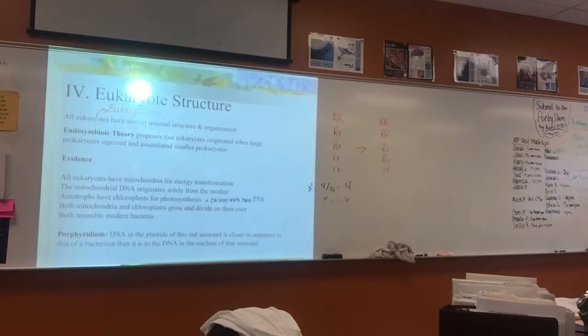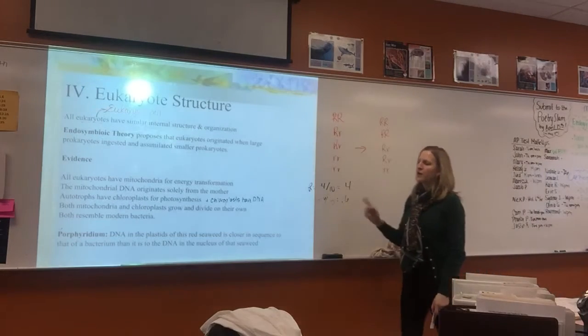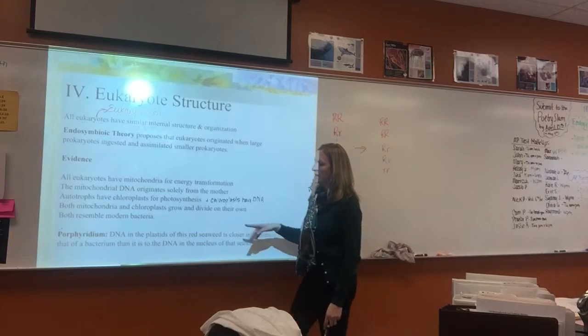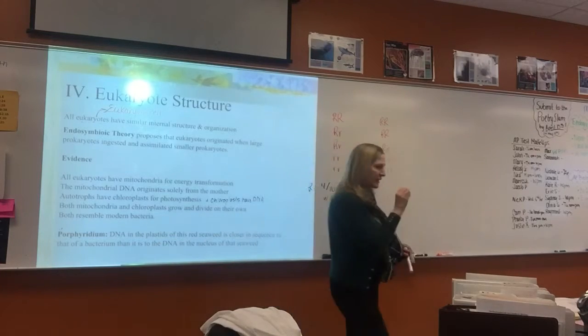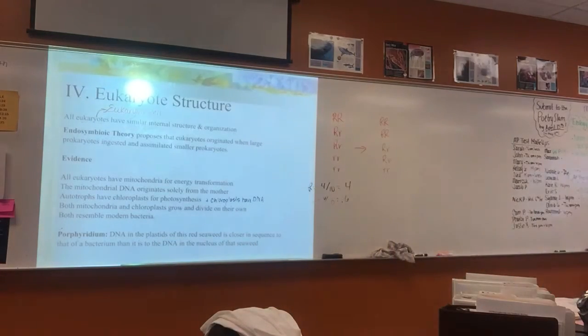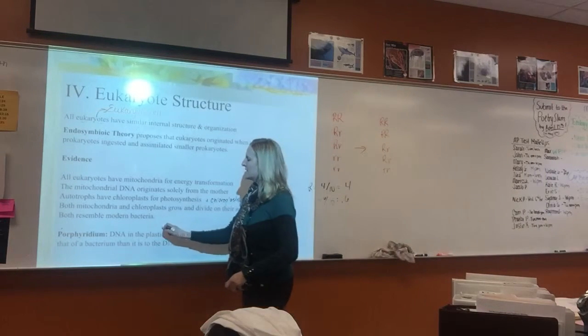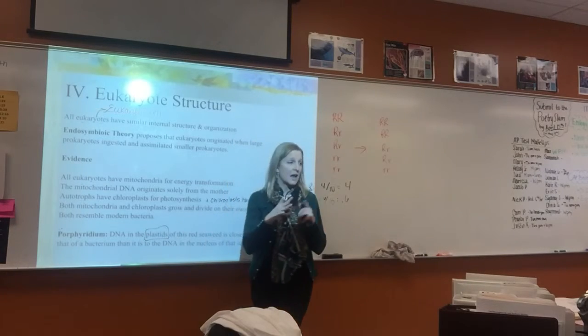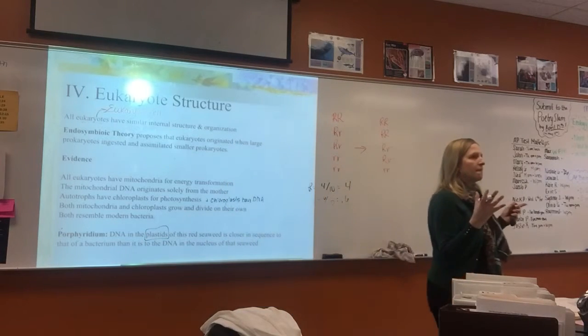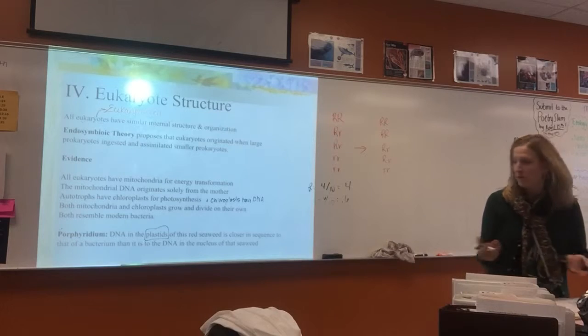One piece of evidence for the endosymbiotic theory is the discovery of a red seaweed called Porphyridium. What this red seaweed does is it has a plastid. I want to talk a minute about what plastids are. Notice that the word chloroplast has that plast in there. So plastids are a group of organelles, and chloroplast is an example of one of those.